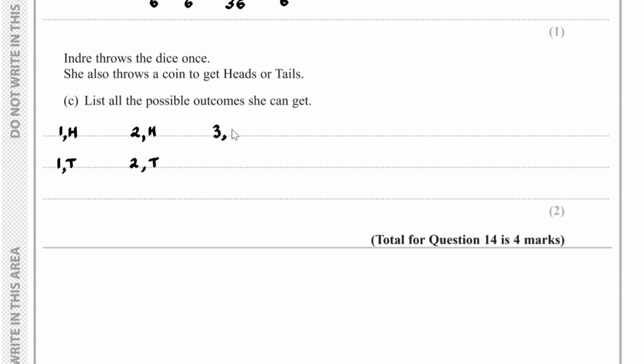We could get 3 and a head, or 3 and a tail. 4 and a head, 4 and a tail. 5 and a head, 5 and a tail, or 6 and a head, 6 and a tail.